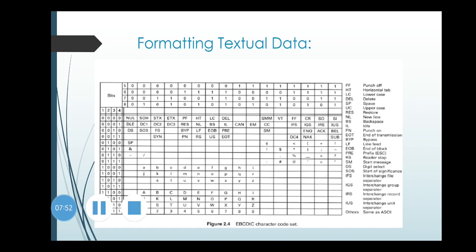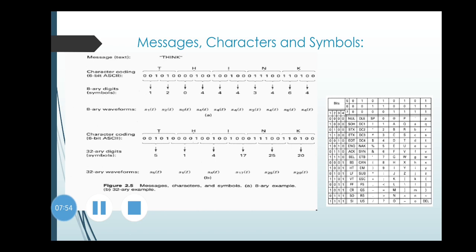Let us take an example and understand how these messages or characters and symbols are being coded. Coming to a message or text, let's take an example of the message "think". How is this "think" represented by making use of 6-bit ASCII? As already told, I can make use of 7-bit ASCII, 8-bit ASCII, or even 6-bit ASCII.